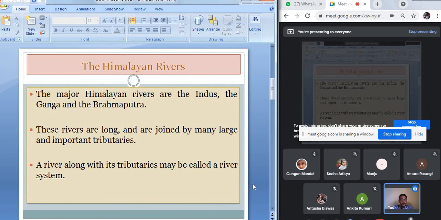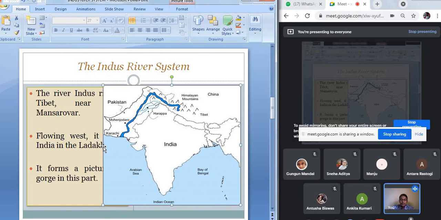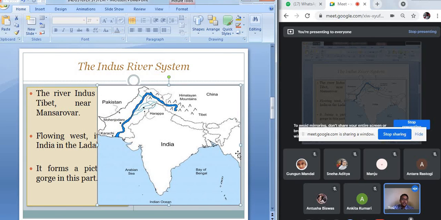Now we are going to discuss the Indus river system. First, see the map. You can see that the Indus river is not originating from our country India. It is originating from the Tibetan plateau region, near Mansarovar lake.